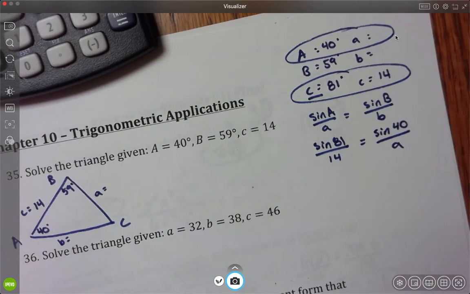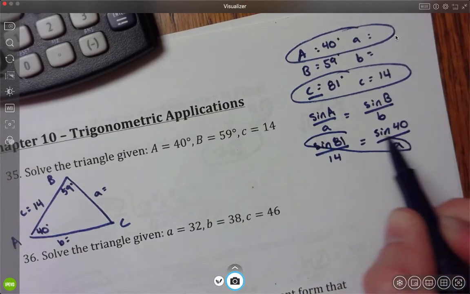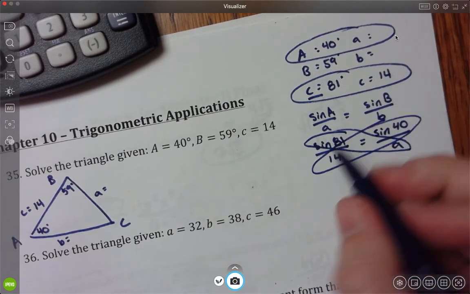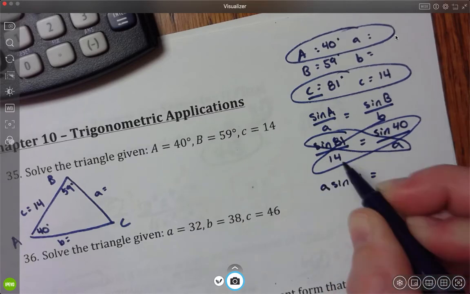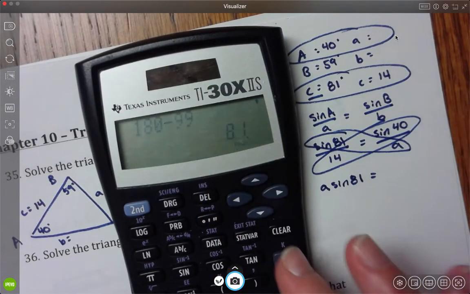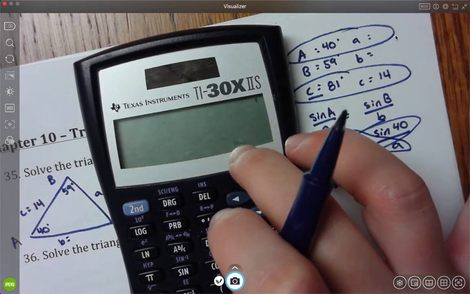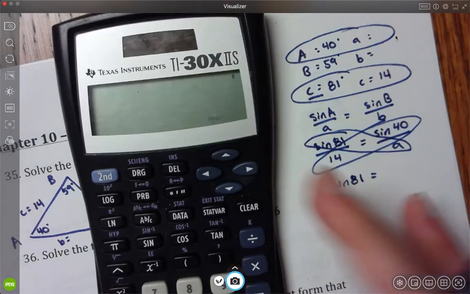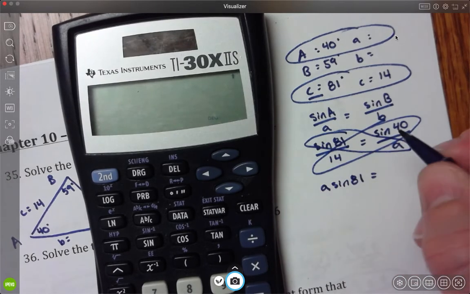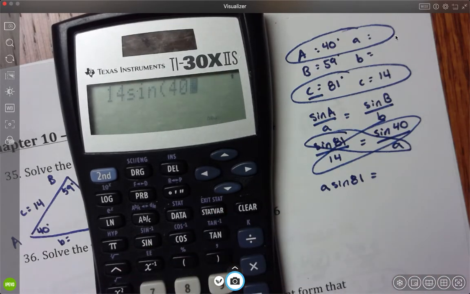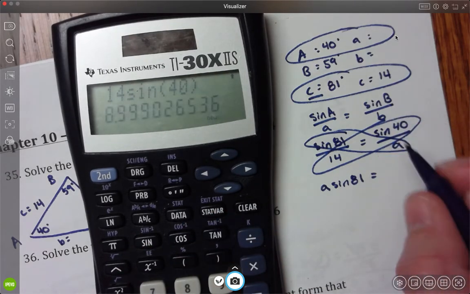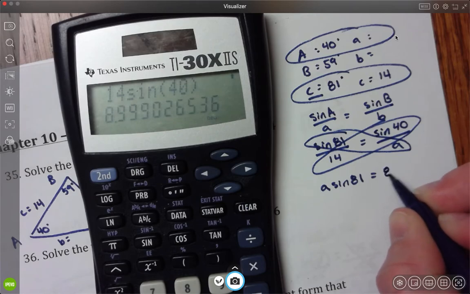Okay, and then I can cross multiply. So A times sine of 81 equals 14 times sine of 40. Now I want to be in degrees. If you're not already in degrees, make sure you're in degrees, because 40 and 81 are degrees, not radians. So I'm going to take 14 times sine of 40, and that's going to give me 8.999.